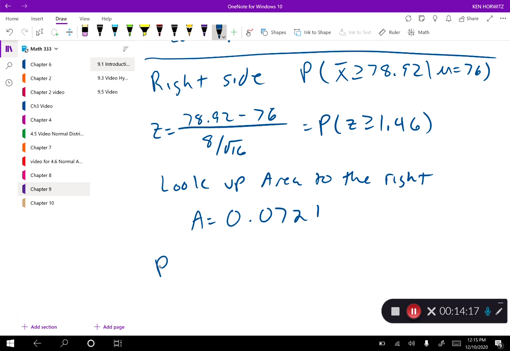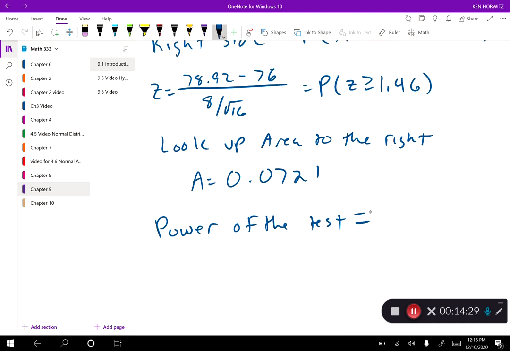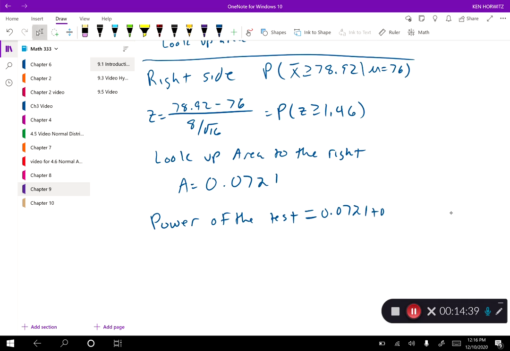So the power of my test, remember, we were always looking for the power of the test, is going to equal 0.0721, and then I'm going to add 0.0069, and I get 0.079 as the power of my test.